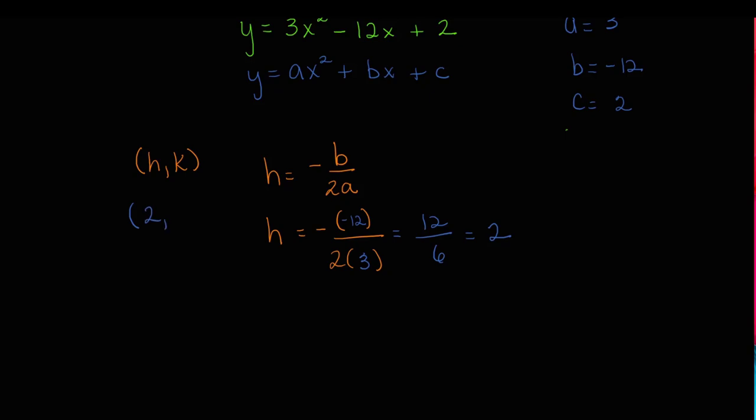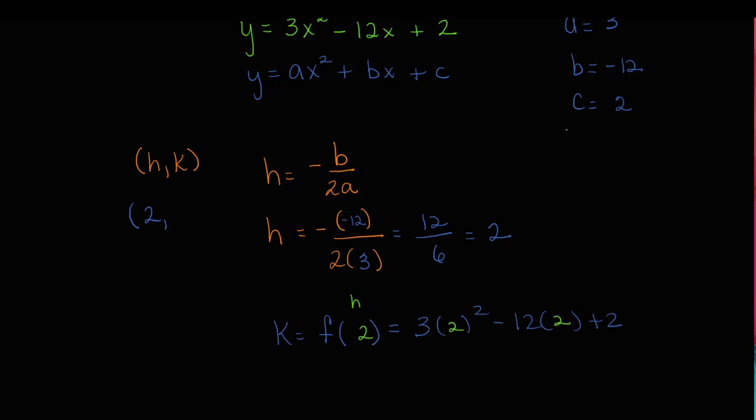So now to find k, I'm going to substitute what I just found into the function 3x squared minus 12x plus 2. We just found that h was 2, so we're doing f of h, which is f of 2.